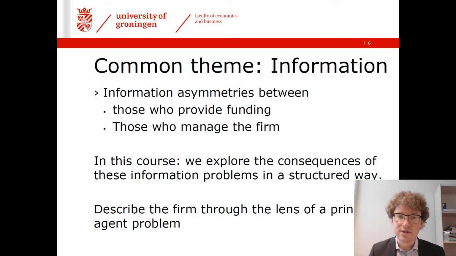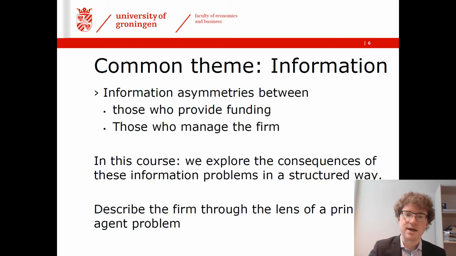What we're going to do in this course is explore the consequences of such informational problems, but in a structured, theoretical way, in a model kind of way. The type of model that we will be interested in is the so-called principal agent model. So we're going to look at firms through the theoretical lens of a principal agent problem.